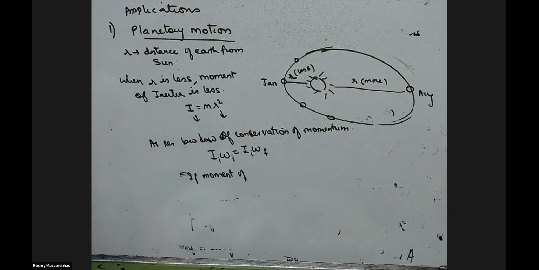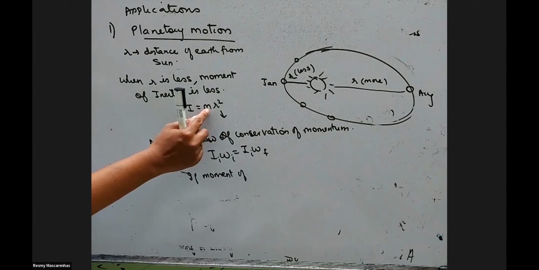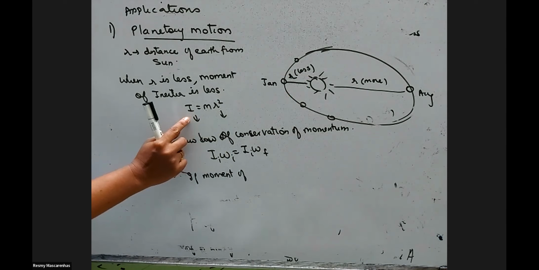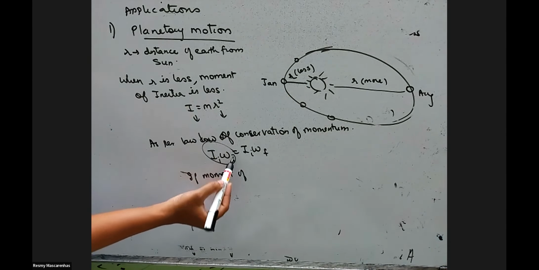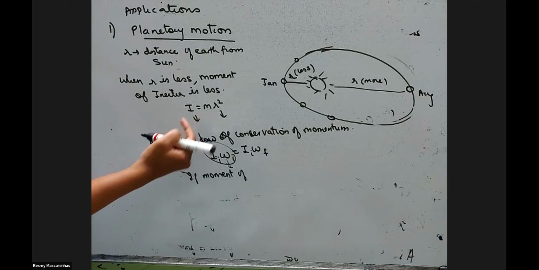Velocity will increase. Here we cannot say that if this reduces, this one increases. Mass is a constant. Suddenly the mass of the Earth will not increase. If this reduces, this will automatically reduce because it is on the opposite side of the equation. But this one is on the same side of the equation, so if this reduces, this one increases.